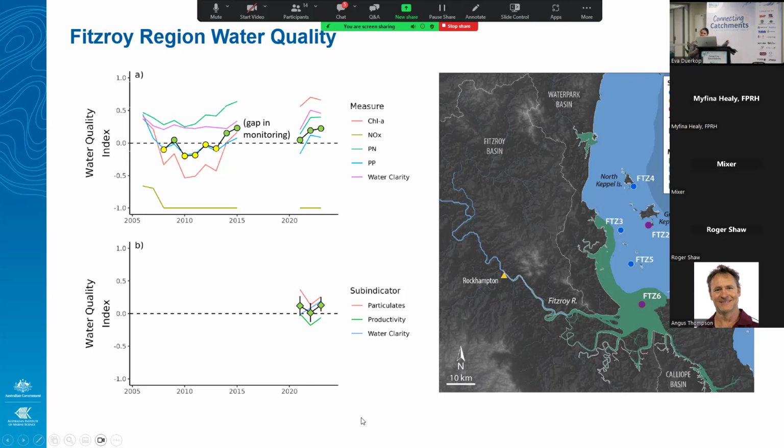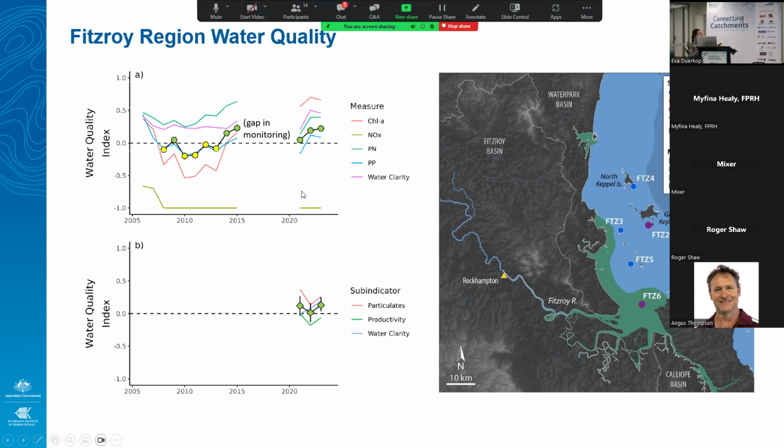The coral monitoring continued, and as you can see, there's a range of different measures. We see at the top there the long-term results for the water quality index over time, and it's been pretty stable on the whole over the time we've been monitoring.